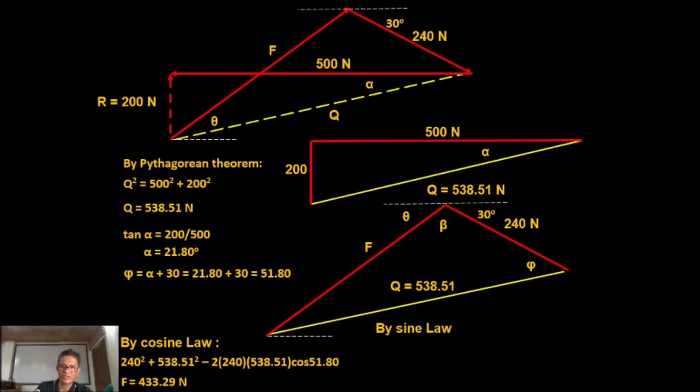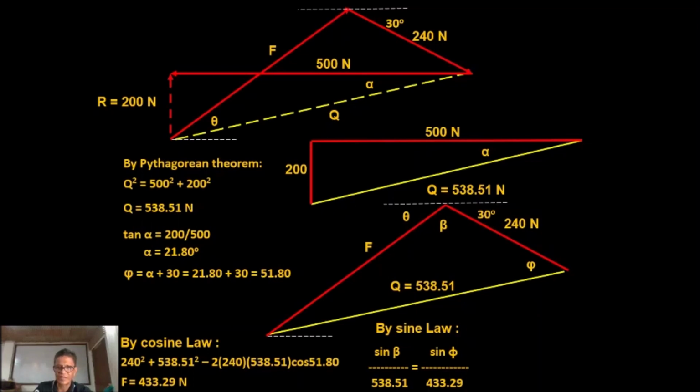How are we going to solve for theta? We use sine law. In the same triangle, by sine law, we have the angle beta. Sine of beta over the opposite side 538.51 is equal to sine of phi over F. We already have phi, phi is equal to 51.80.